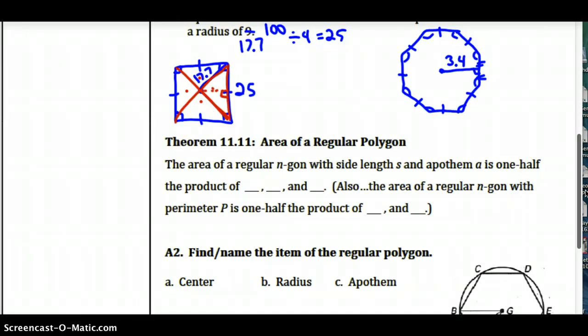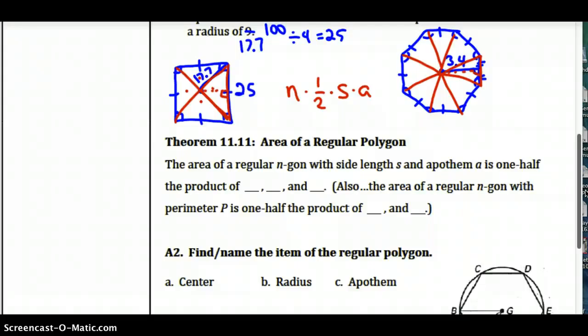Here I'd have 1, 2, 3, 4, 5, 6, 7, 8 triangles. Again, the apothem is the height of the triangle, and the side length is the base. So if I've got n triangles, each is 1/2 the side times the apothem. That's really our formula for the regular polygon.